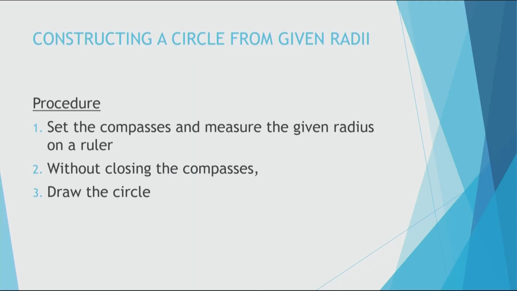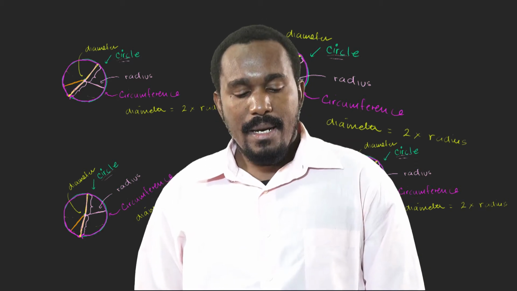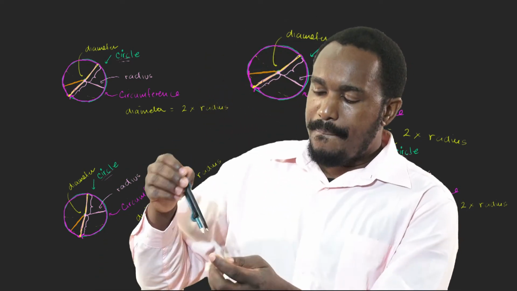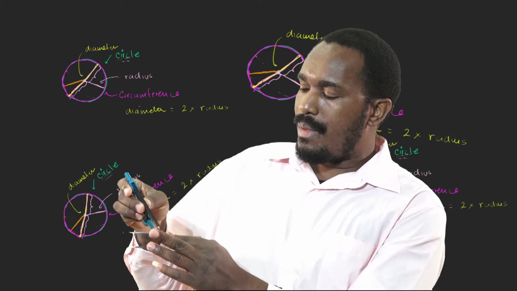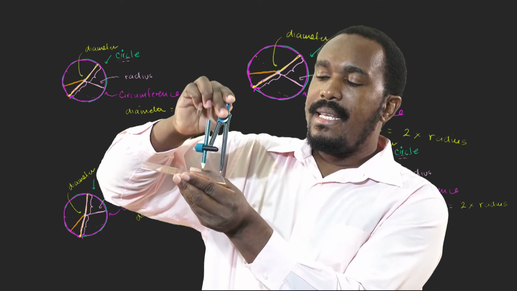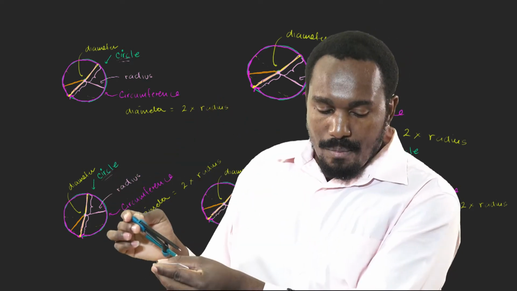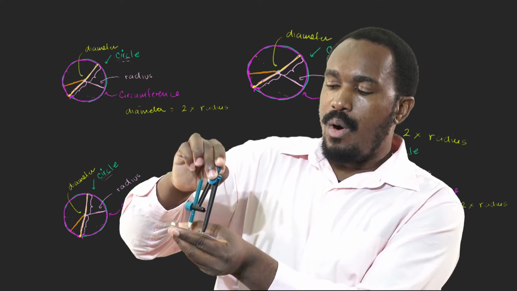Constructing a circle. How do you construct a circle using the given radius? The procedure is like this. 1, you set the compass and place it to the ruler so that the size of the opening is exactly the size of the measurement that you have been given. So for example, this one you have opened it and it is on 4 centimeters.